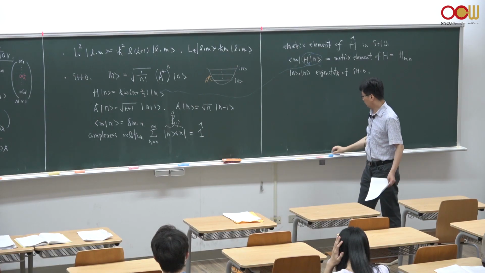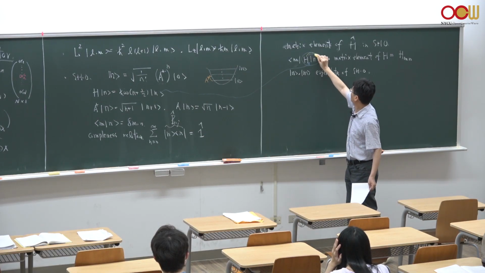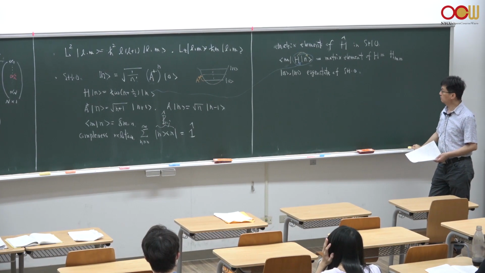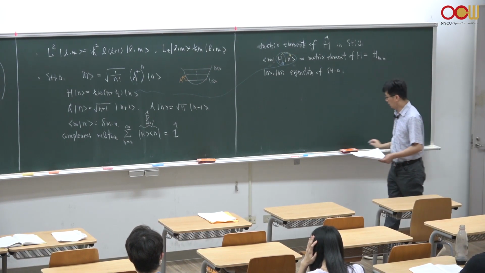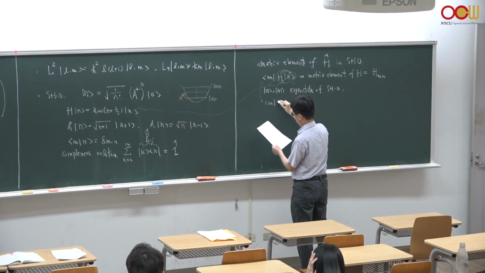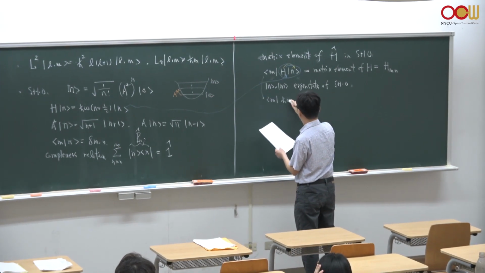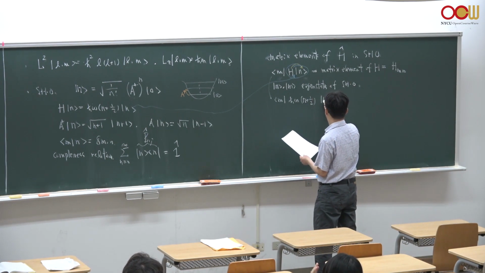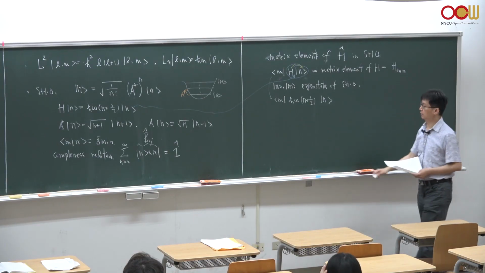H, the Hamiltonian operator, when it acts on this eigenstate, the ket state n, gives you the eigenvalue, which is h bar omega n plus 1/2 times the eigenstate itself.